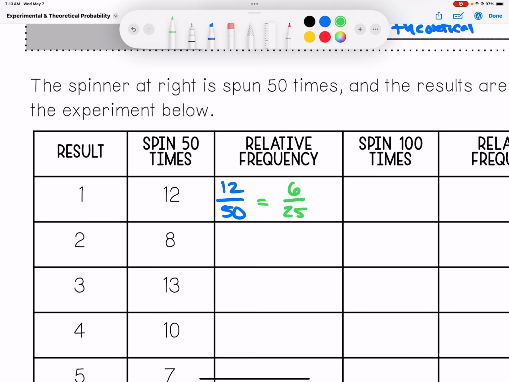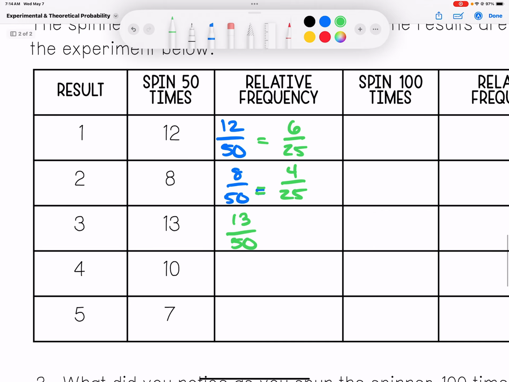All right? The next one, it landed on there 8 out of 50 times. Okay? That should have simplified into 4/25. The next one was 13/50. That don't simplify. The next one was 10/50, which does simplify.